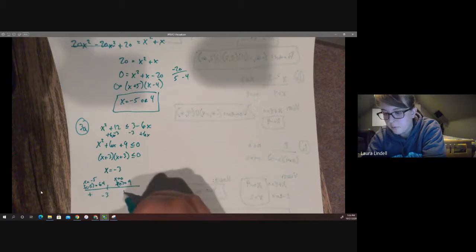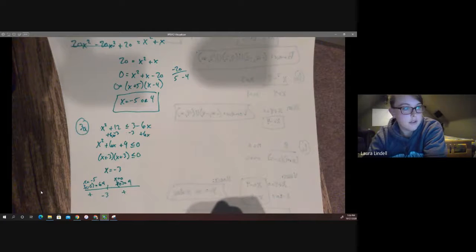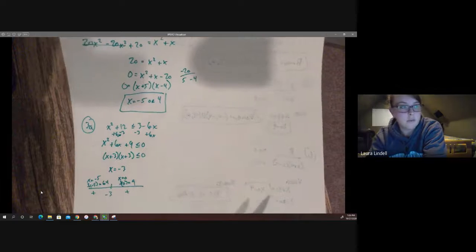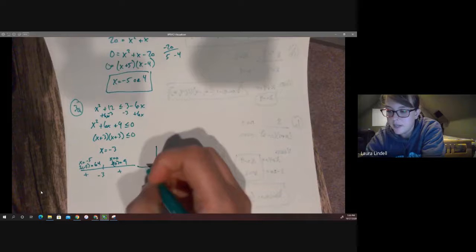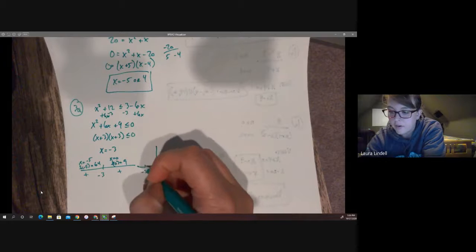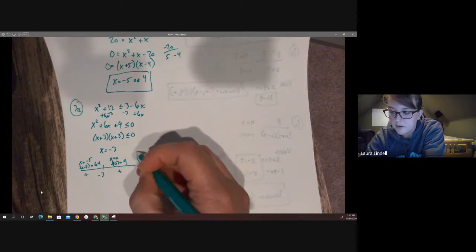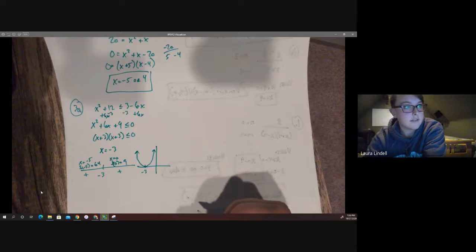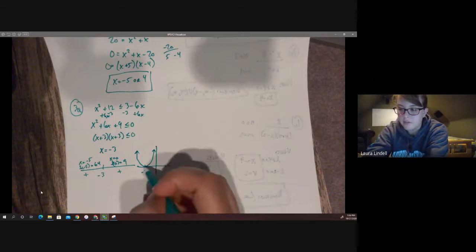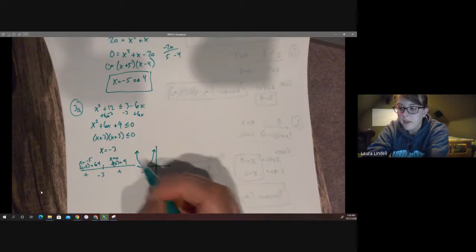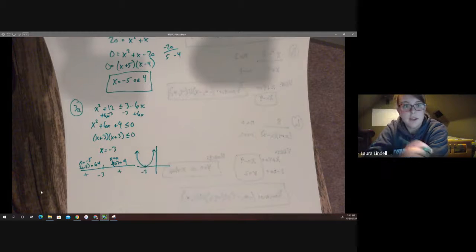So notice that they're both positive. So without even graphing this, you can tell that at -3 this thing is doing that, because we know that it's 0 at -3 and that it's positive on either side of -3.